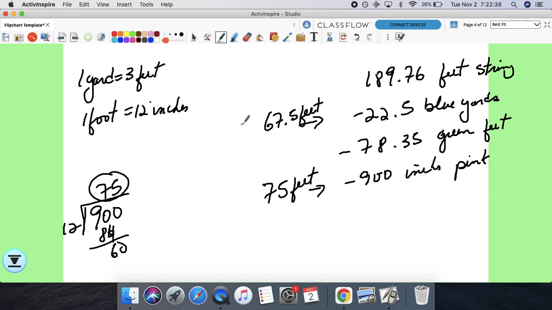So now all you have to do is subtract. Literally, our problem becomes 186.76 minus 67.5 in feet, minus the 78.35 in feet, minus the 75.